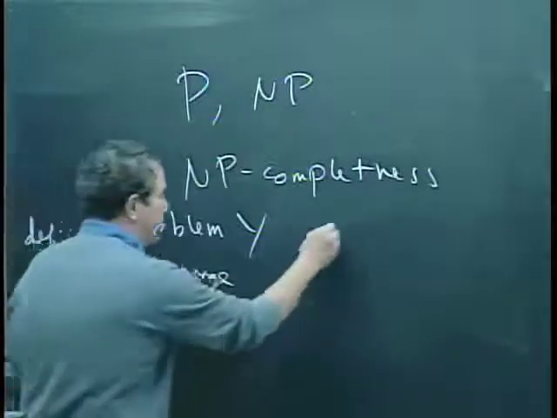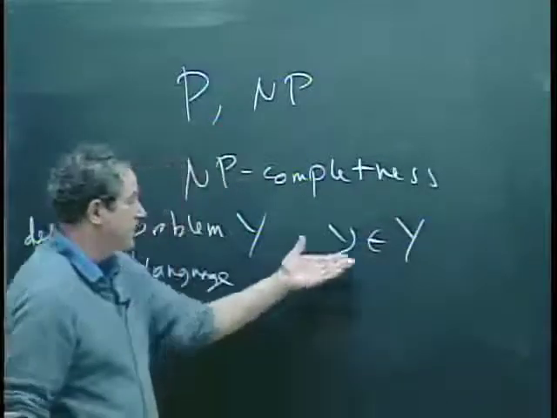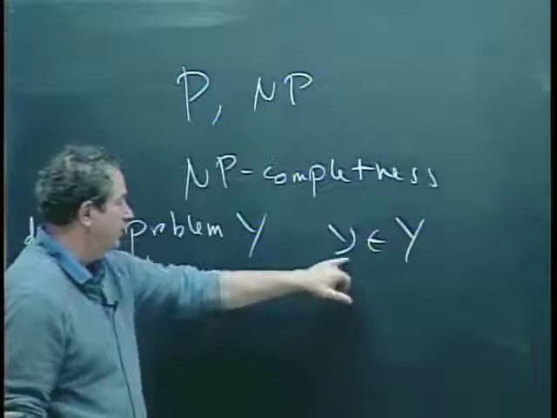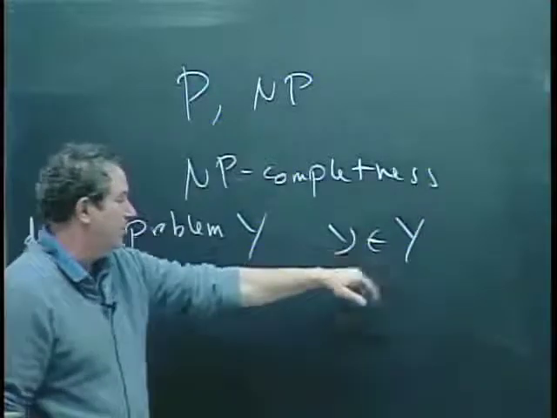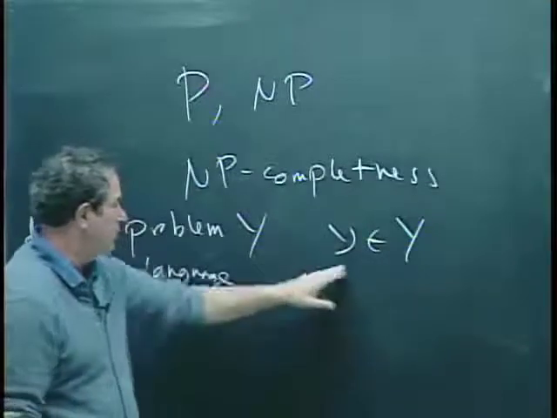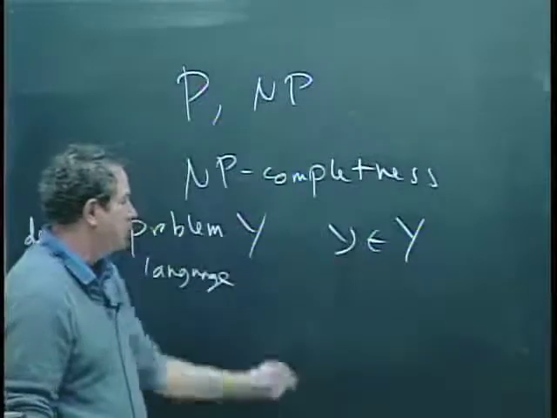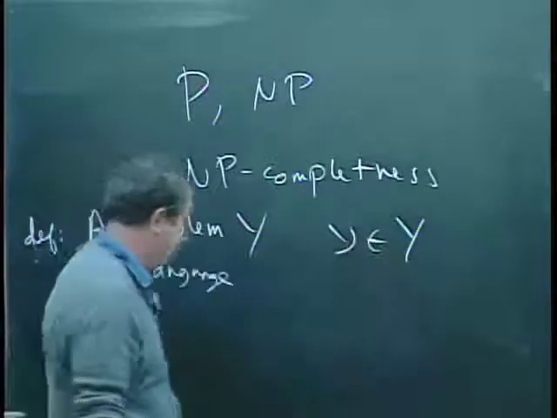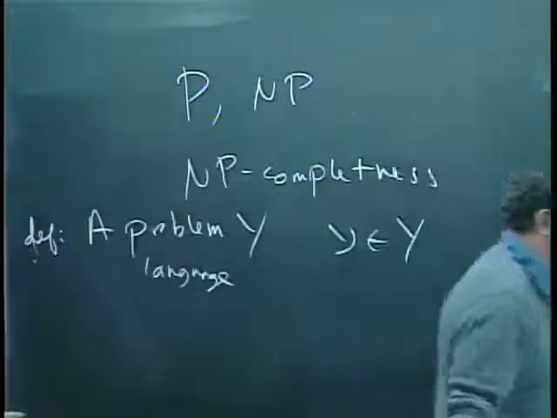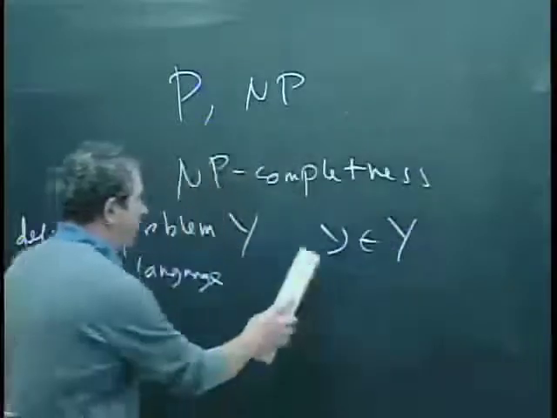So they'll talk about whether little y is contained in capital Y, which means, as I defined last time, whether the answer to problem capital Y with input little y is yes. In that case, y is contained in Y. But as far as I could tell, they never defined that. So maybe I'm wrong. If somebody sees it in the book where they explain what this notation means, let me know.